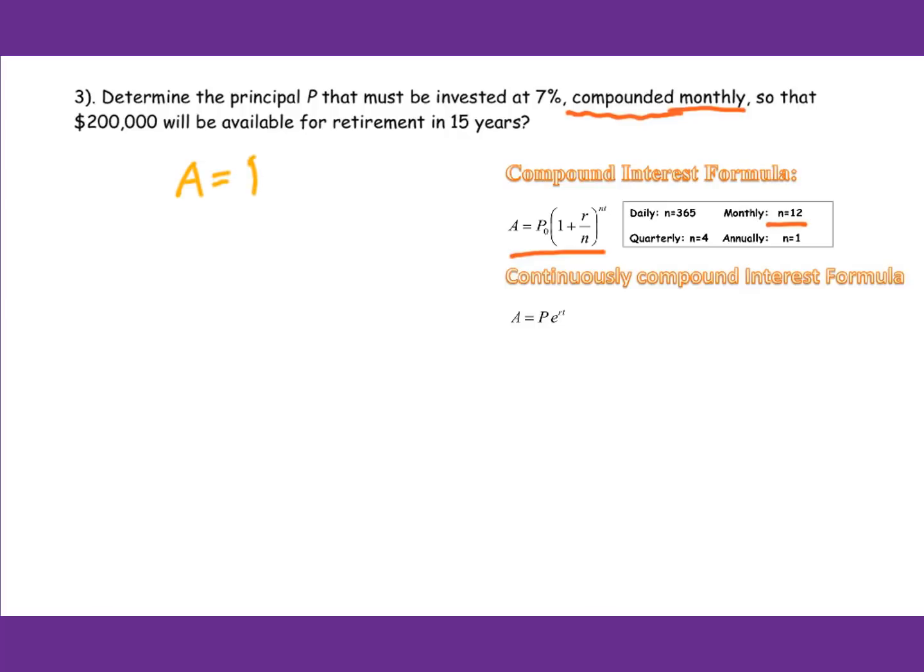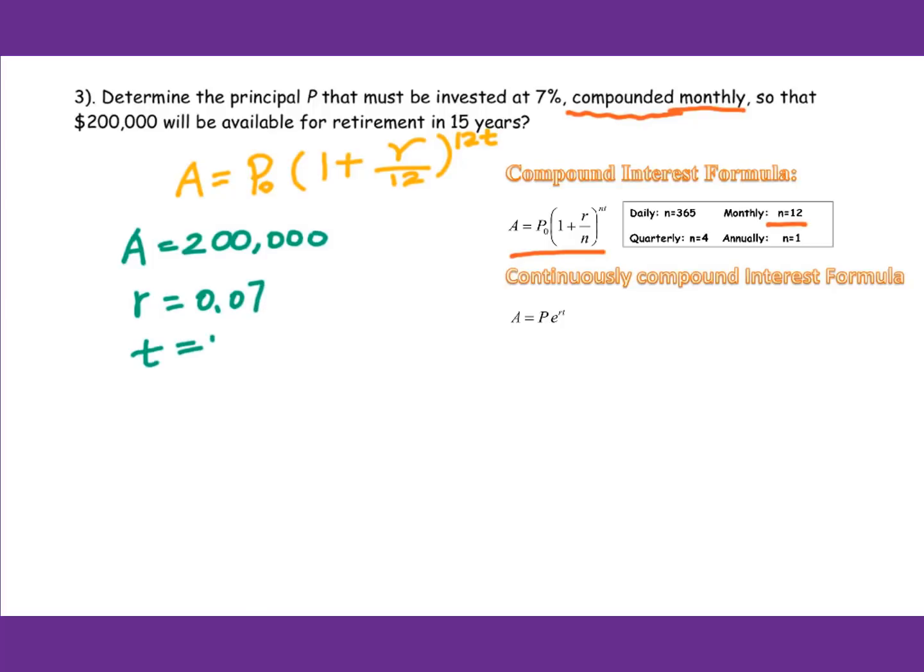A equals principal times (1 plus R over 12) to the 12 times T. We are given A equals $200,000, R equals 0.07, T equals 15. We are looking for this principal.